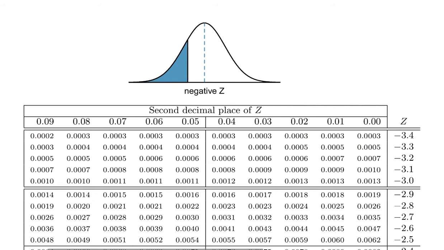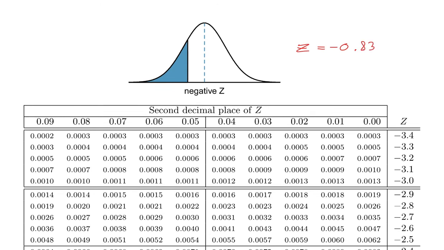Here in Appendix A, we have the normal probability table representing negative z-scores. There's one page that represents negative z-scores and one that represents positive z-scores. Reminder that the z-score we calculated was z equals negative 0.83.